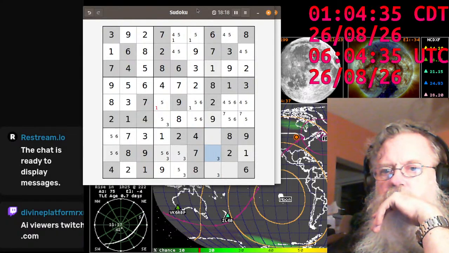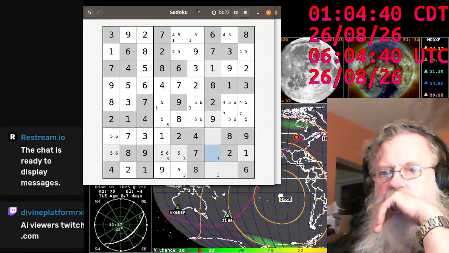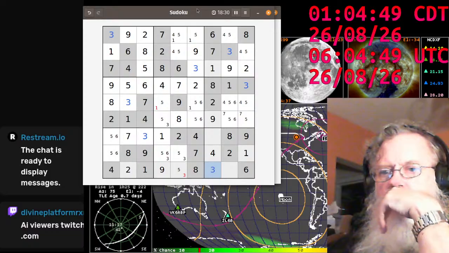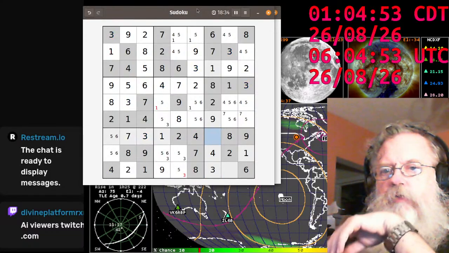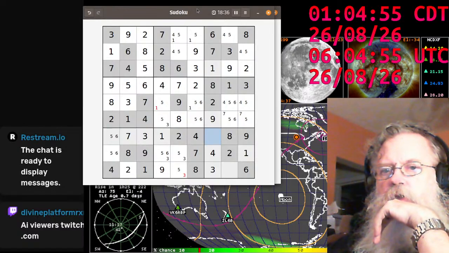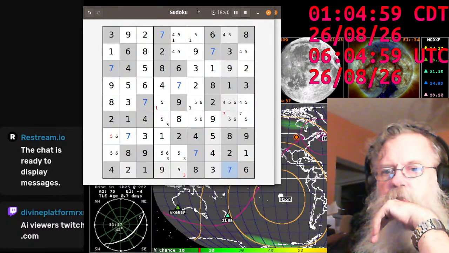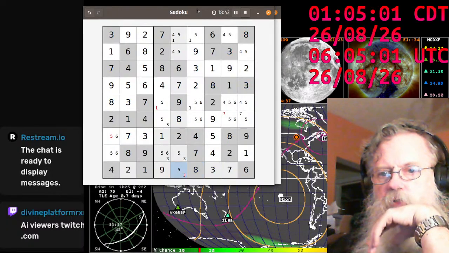But not that one. One of these two is a 3. 4s. Well, it looks like this gets to be a 4, so this is a 3. And this is the only place I can put a 5 in this column. So that means this one's going to be a 7. This is going to be a 5.